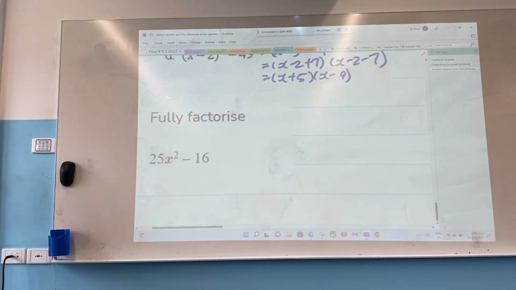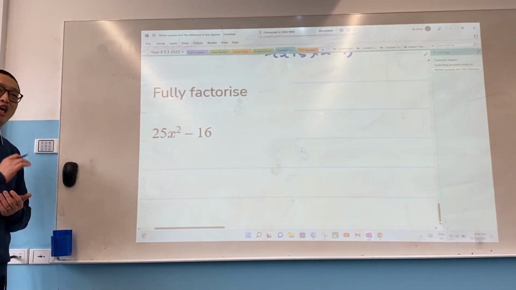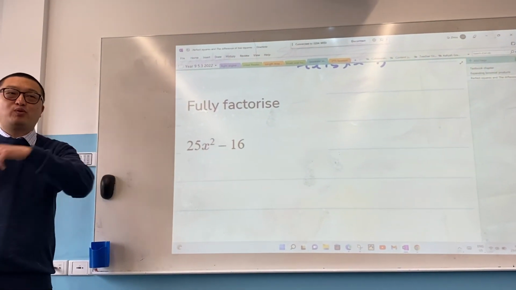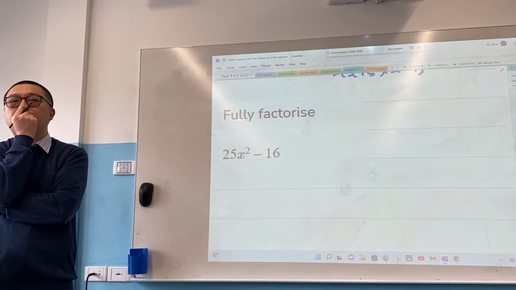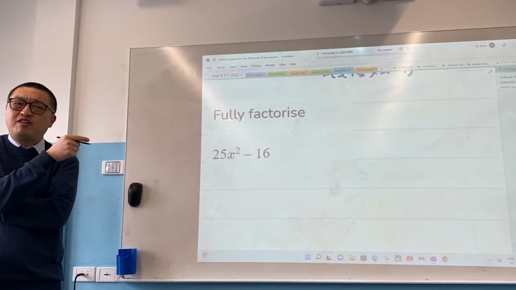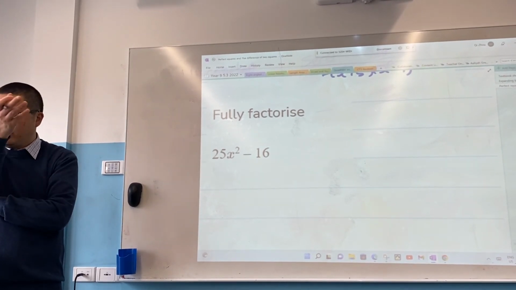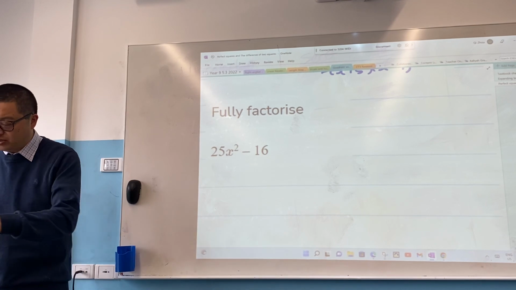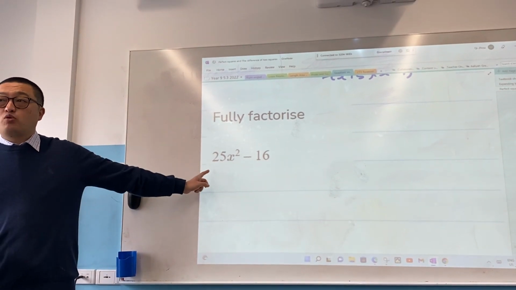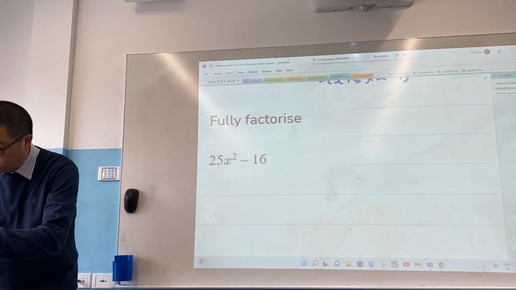Very last one that we finish for today. I put the difficult one at the end. Oh, it's not hard. When I say 25 and 16, what am I thinking? 5 and 4, very good. You guys have done very well today. 25x squared, what do I write? 5x squared, well done.